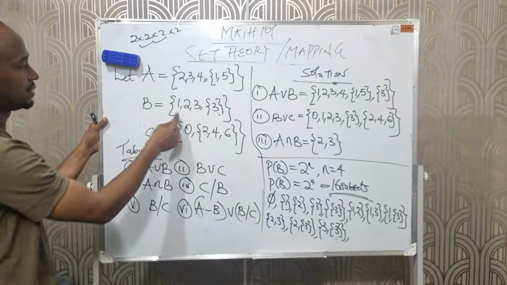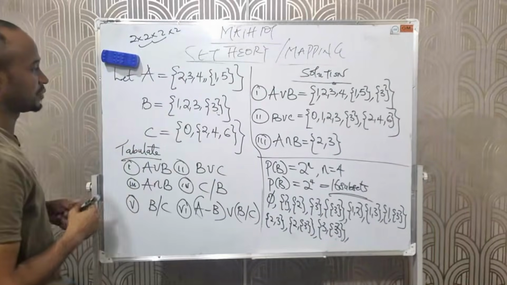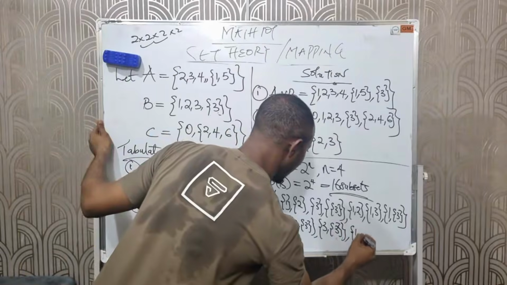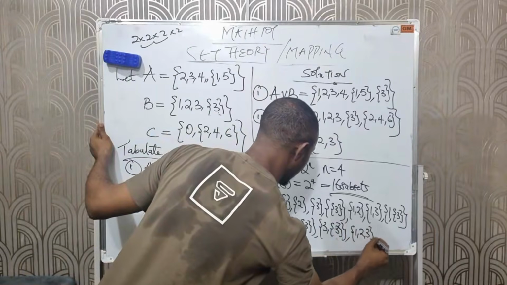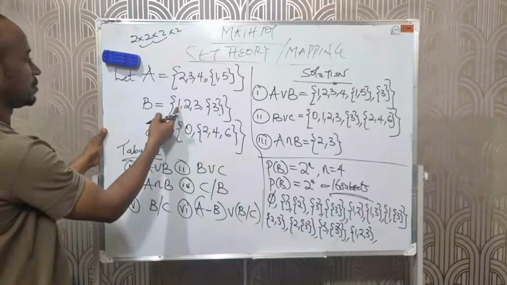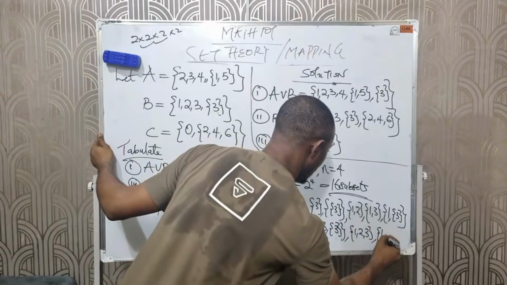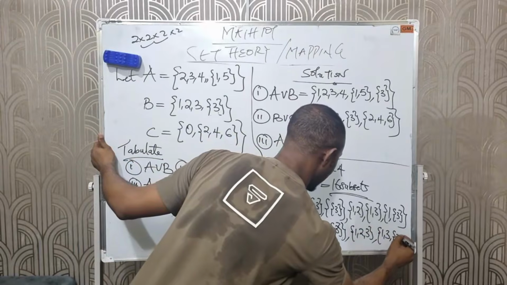Now let's go into triple set, right? Triple set. 1, 2, 3. Followed by 1, 3, and set 3.